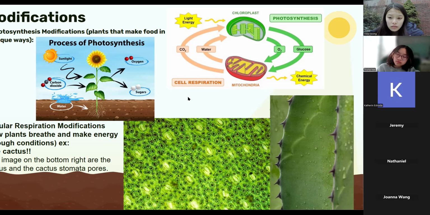At night in the desert, they open their stomata to collect carbon dioxide, when it's cooler and less water evaporates from them. This adaptation allows the cacti to go long periods without rain and reduces water loss by up to 95% compared to plants that photosynthesize normally.